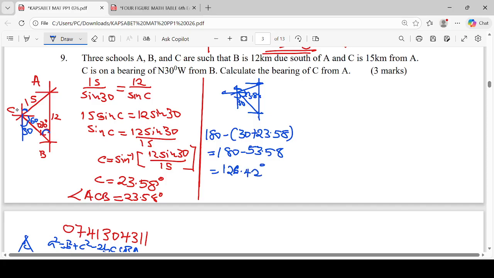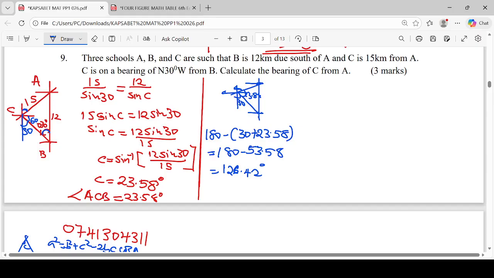is this angle. And now they want the bearing of C from A. You know, when they say C from A, meaning standing from A, if this is it, it should go with this.